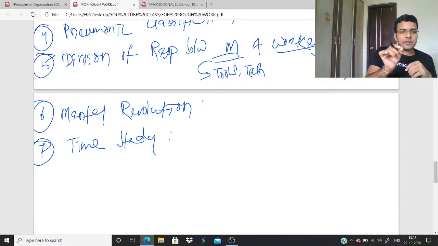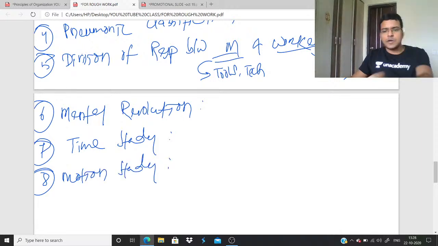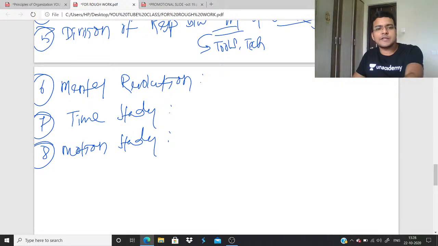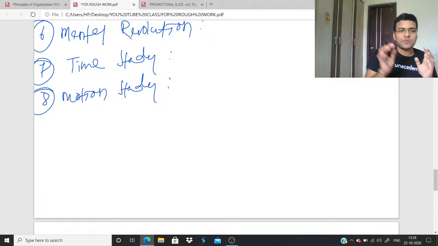So 18 minutes should be the ideal time. Everyone should finish the chair in 18 minutes. That is time study. Motion study means the best motion to do a particular work.